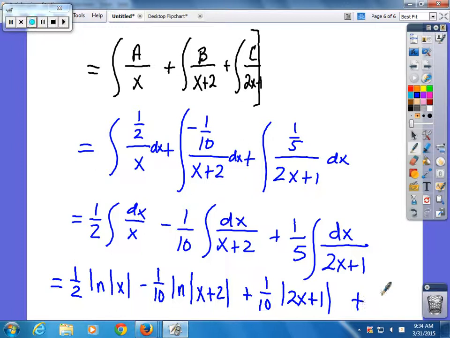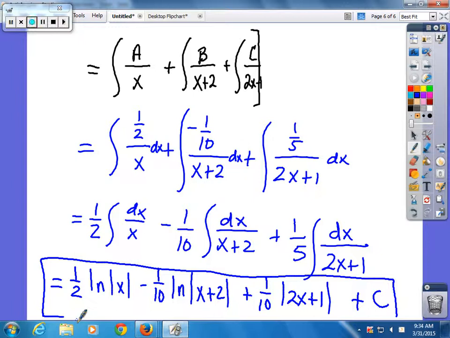You could put plus c if you wanted to, but since it is partial fractions, some people put k, but I'm not. All my examples and all their examples are partial fractions. Okay, they did do the calculus.